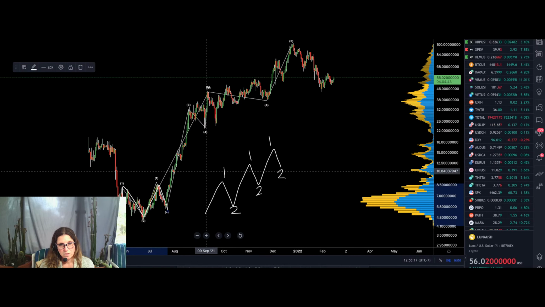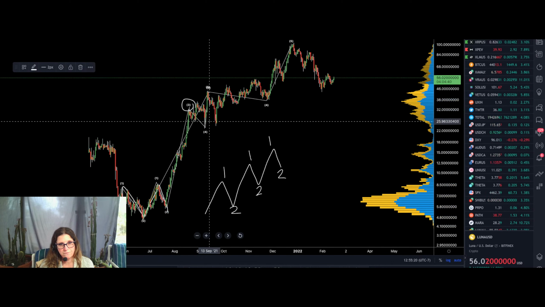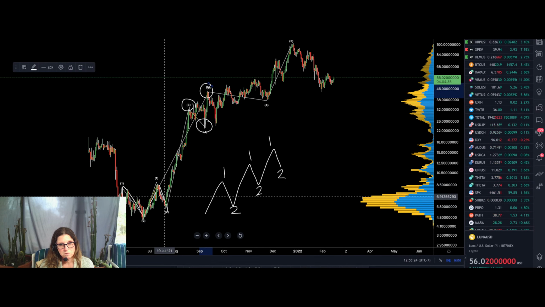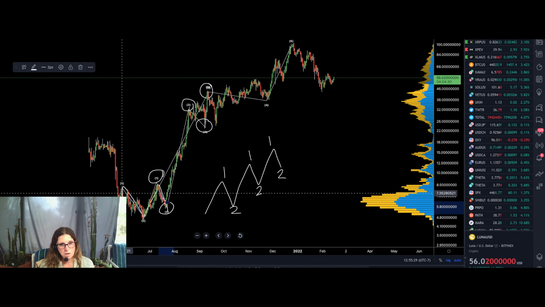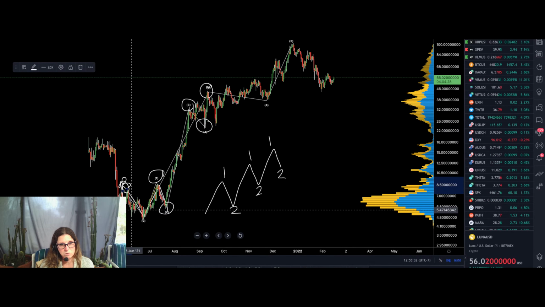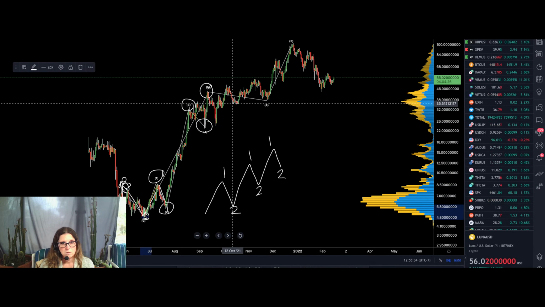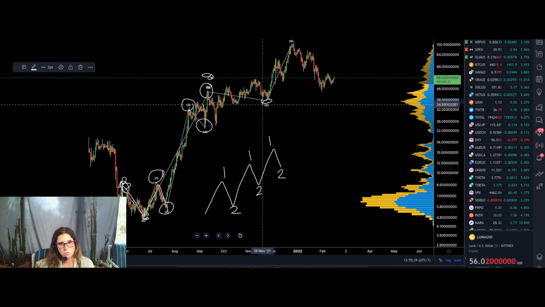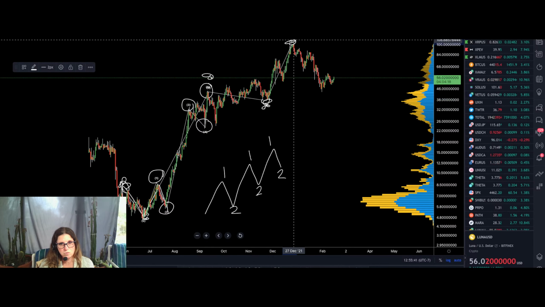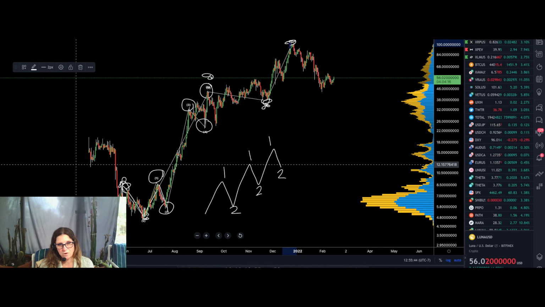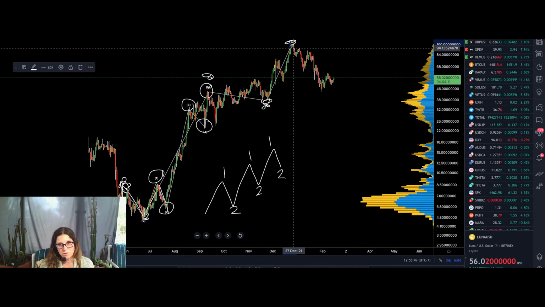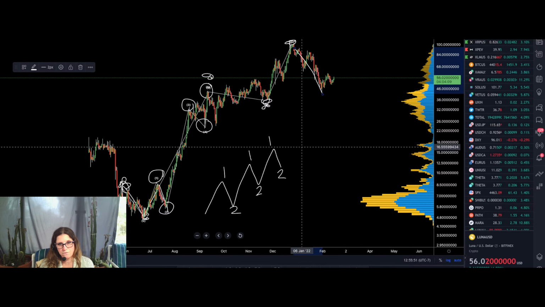That means that I need a 3, a 4, and a 5 to go with each one of these. So we could say here's the circles and here's the star or whatever scribbles. So this would be the top of the third for the scribbles. Here's the fourth for the scribbles, and here's the fifth for the scribbles. But I don't have another one wave to justify for this to be a higher degree fourth.